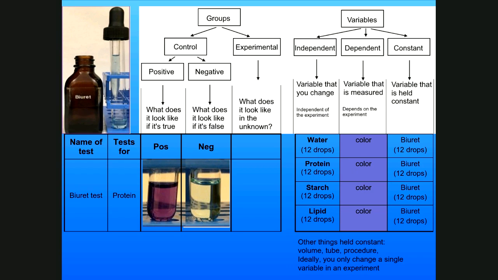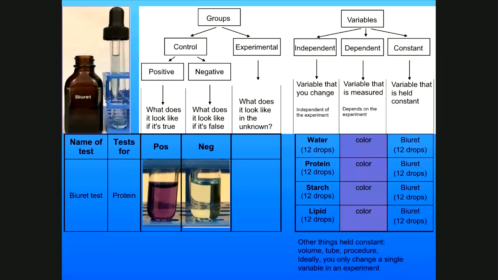In each of these cases, we're adding 12 drops to a solution. And then we use the same test solution on these. So the water, protein, starch, and lipid, that's the variable you change. So that's independent of the experiment, because it's your input. It's how you're setting the experiment up. It's not what you're measuring.